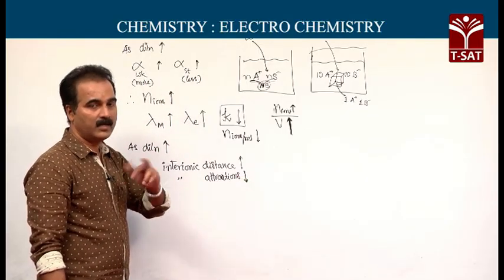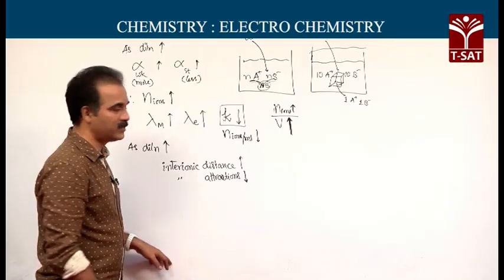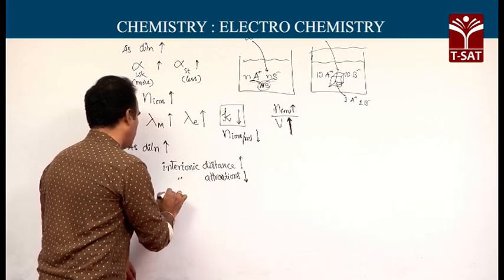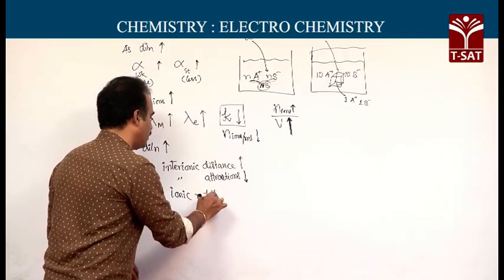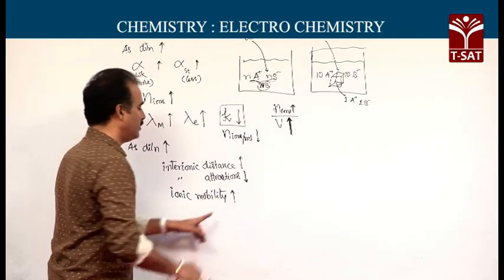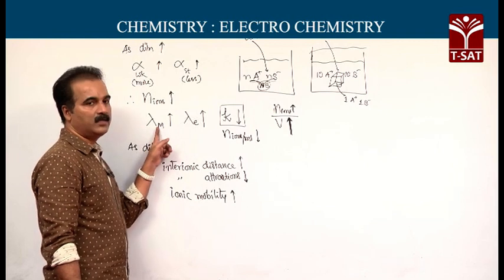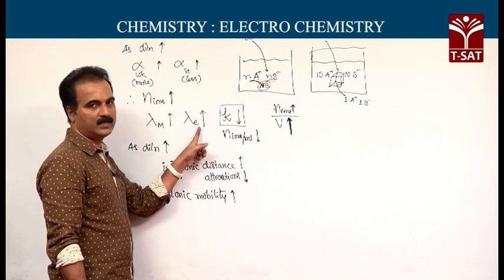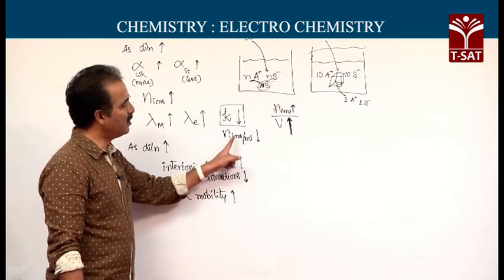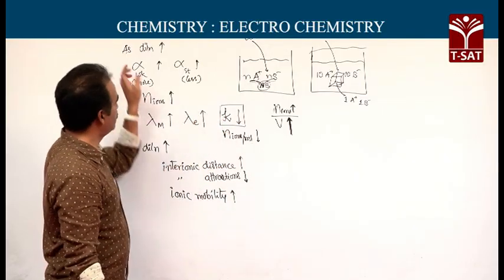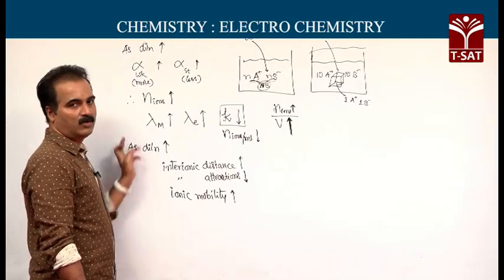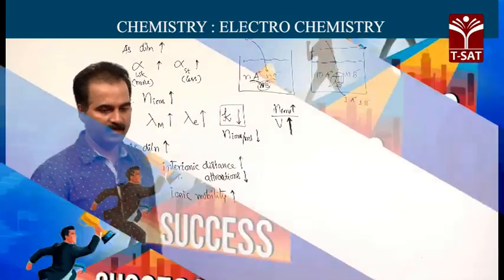If attractions are decreasing, the mobility of each ion is increasing. So, ionic mobility is increasing. Due to the ionic mobility increase, there is an increase in molar conductance as well as equivalent conductance, but due to the number of ions per ml decreasing, specific conductance also decreases. So, this is the effect of dilution over electrolytic conductance.